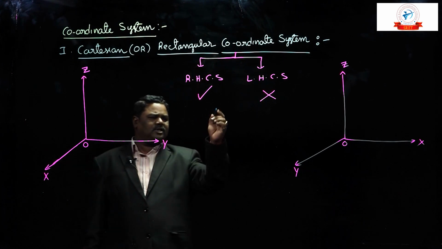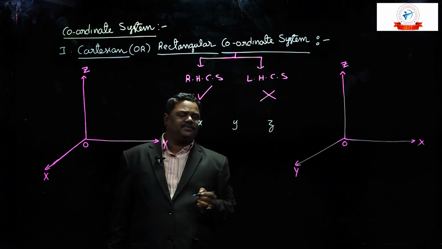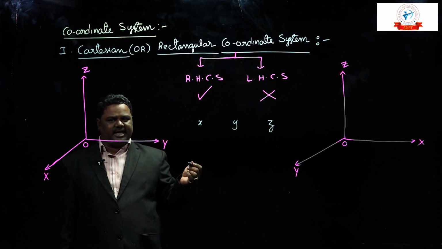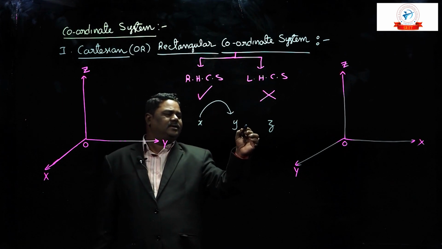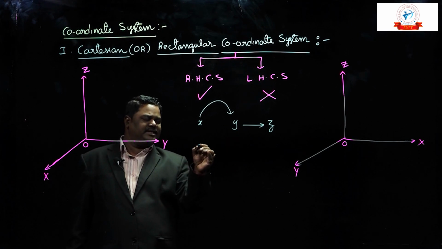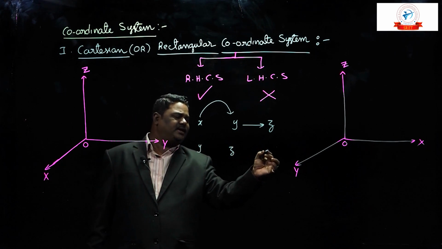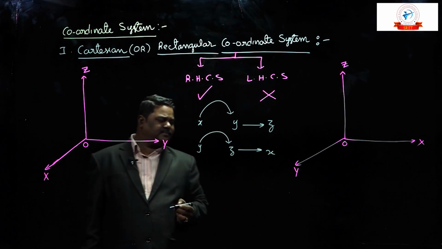First consider the coordinate axes X, Y, Z. When we apply thumb rules, either left hand or right hand, rotation from X to Y indicates the Z direction. When we shift the coordinate axes to Y, Z, X, rotation from Y to Z indicates the X direction.